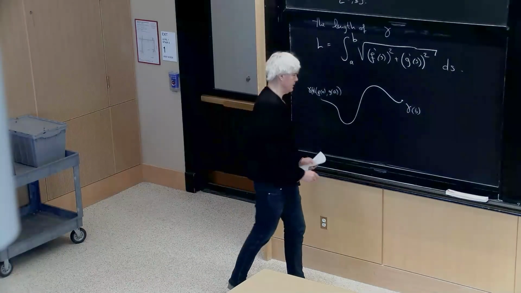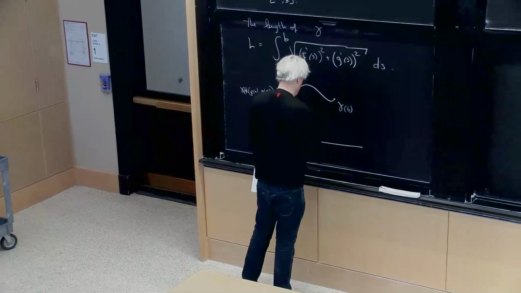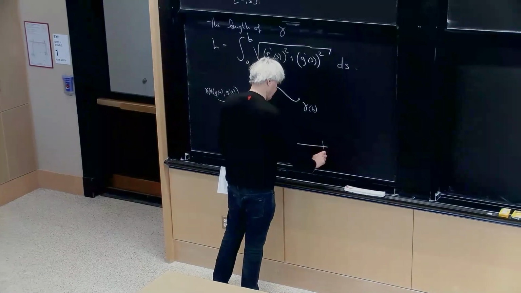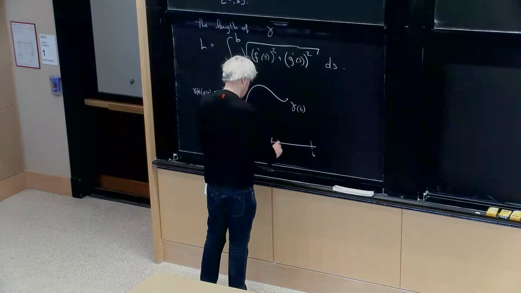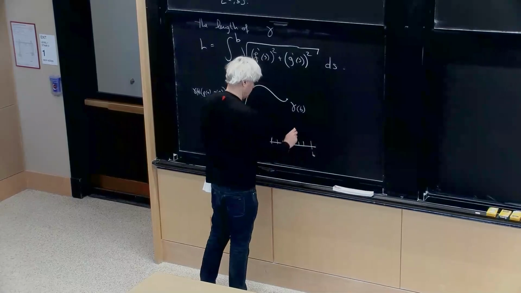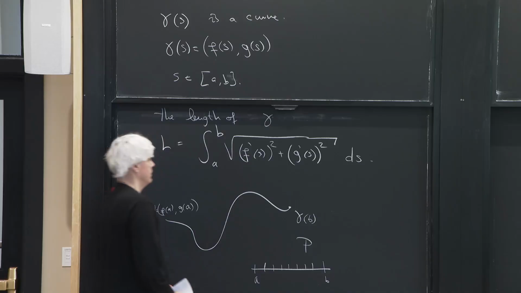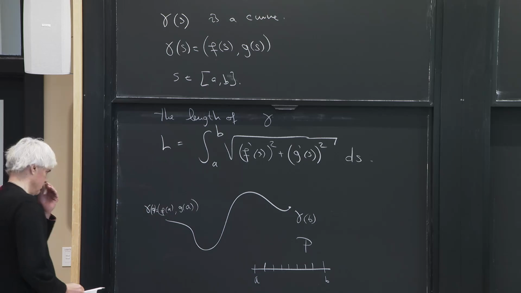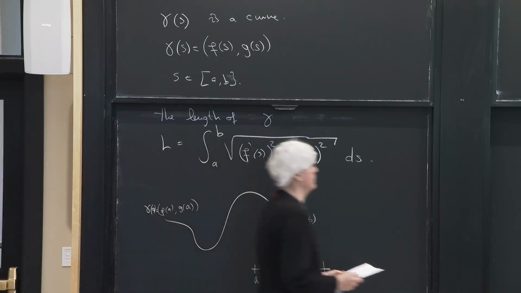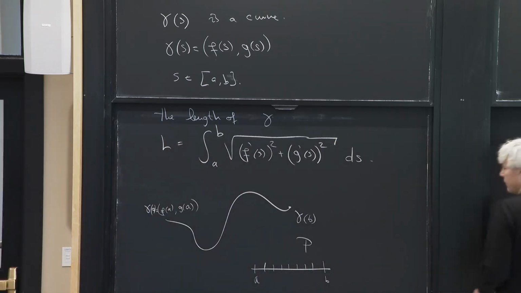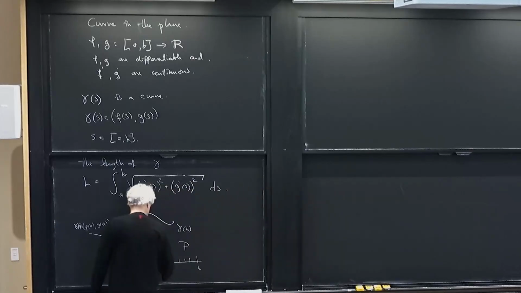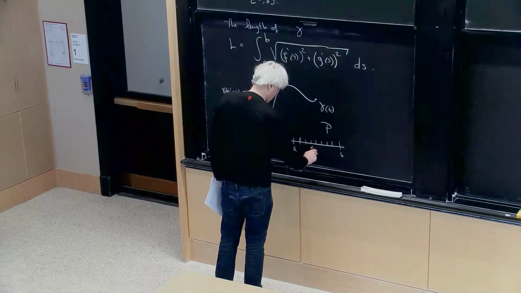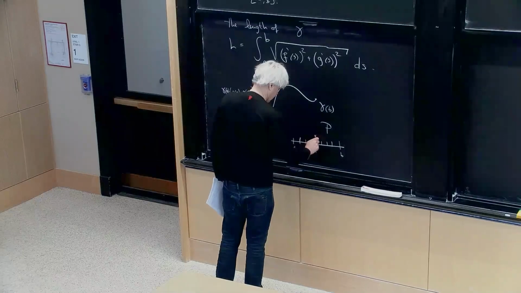And now imagine that you take the interval from a to b, and you partition it into a lot of small pieces. So you have this partition of this interval. And then you're looking at the curve here. This is maybe x_{i-1}, and here I have x_i.